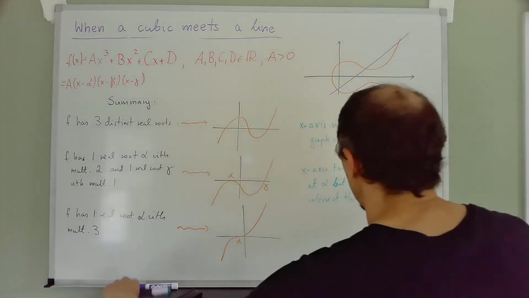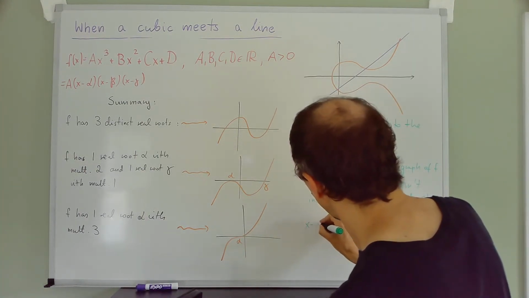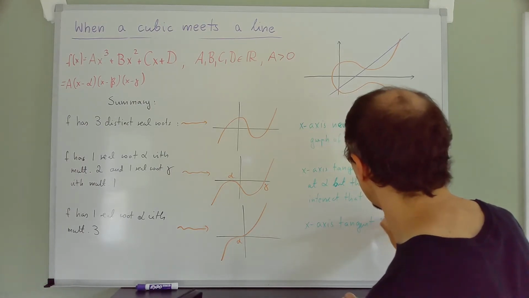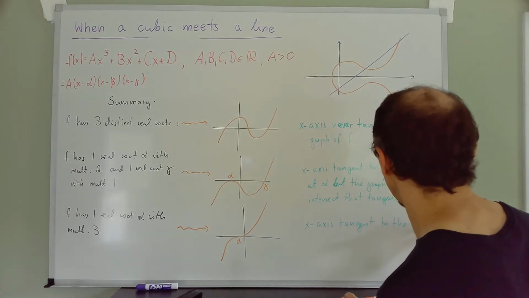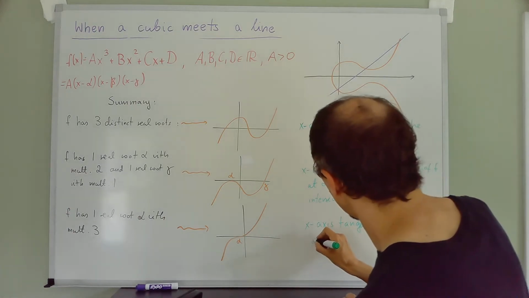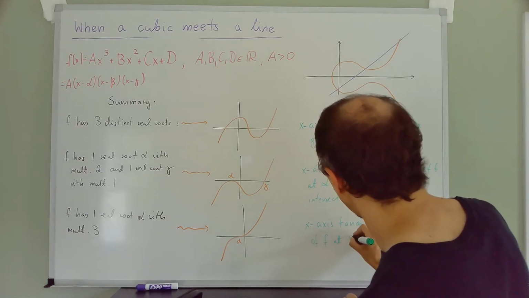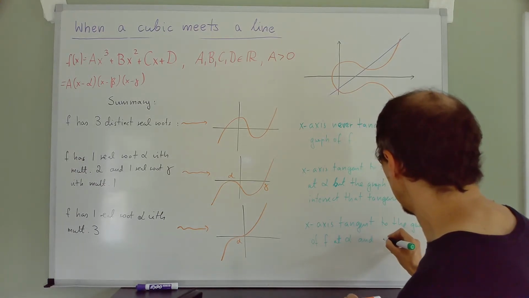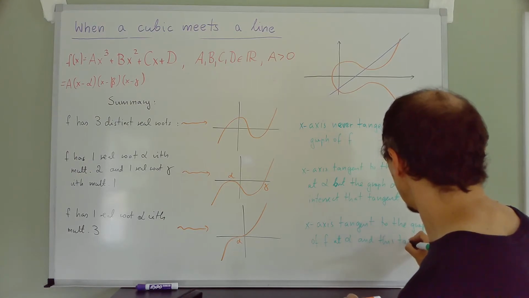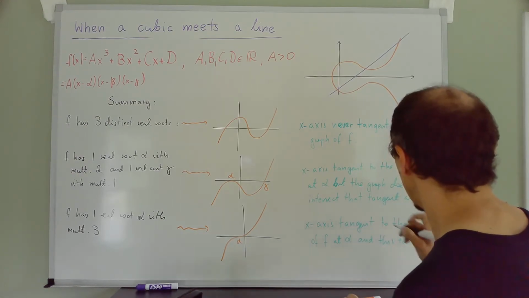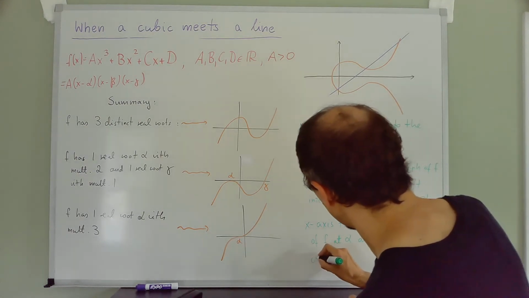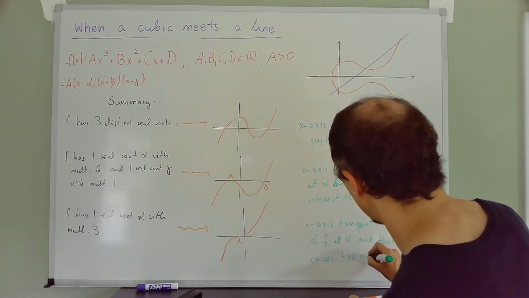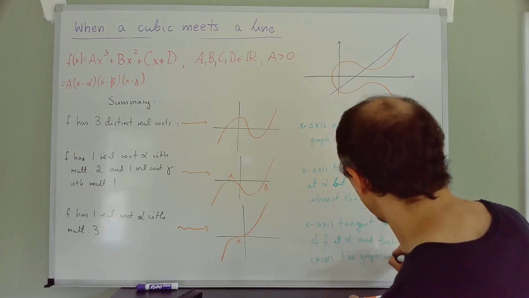There's alpha, the x-axis is tangent to the graph of f at alpha, and this tangent crosses the graph at alpha.